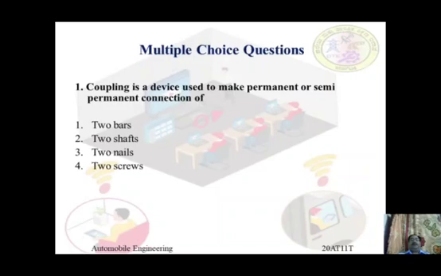See, already we have studied that the coupling is a device used to make permanent or semi-permanent connection of two shafts. So here option number 2, 2 shafts, is the answer. So the correct answer is number 2, that is 2 shafts.